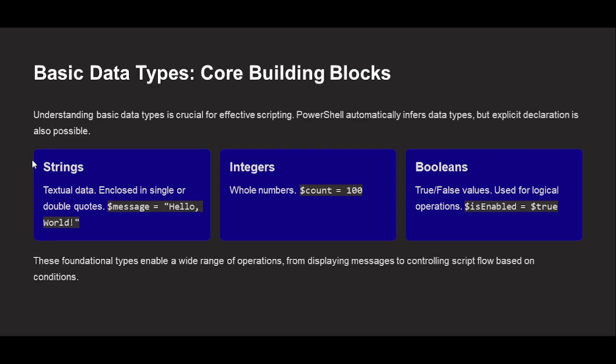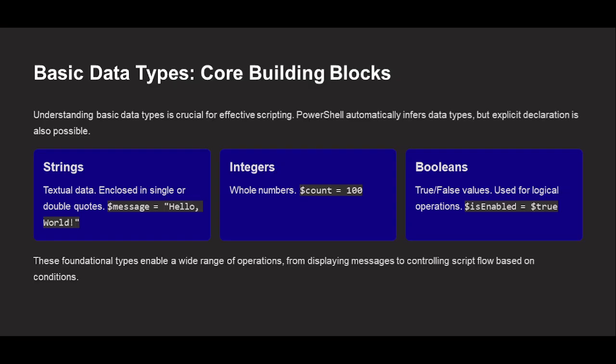So here we are writing a string variable: $message = "hello world". In a double quote I have written hello world. It means that the type of this data is string, because the value is inside a double quote, and everything inside a double quote is called a string.